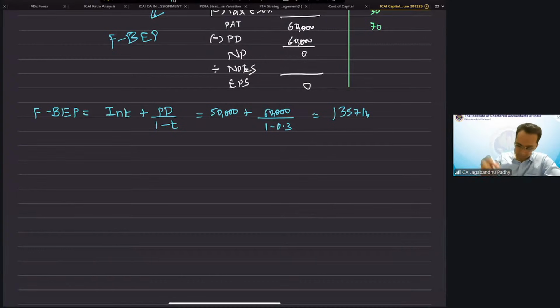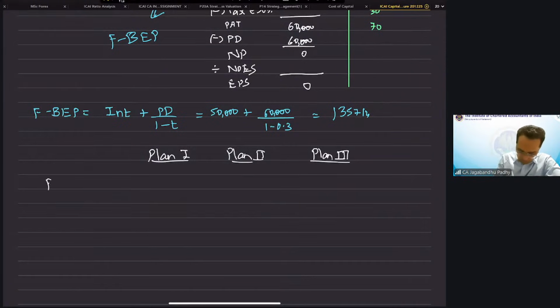Let's say we have 3 plans, and we compute their financial break-even point. Plan 1, financial break-even point is 0. Second plan has a financial break-even point of 10,000. Third plan has a financial break-even point of, let's say, 36,000.